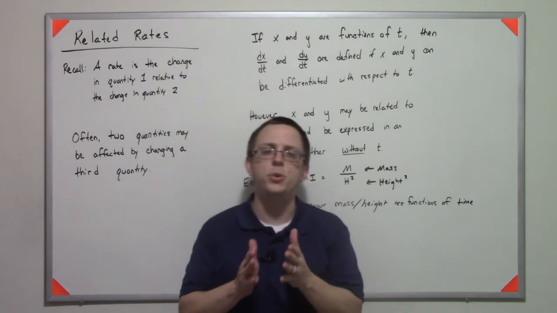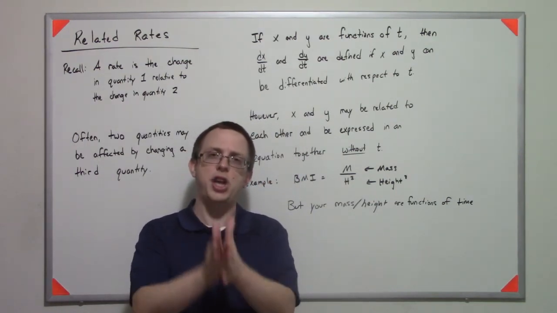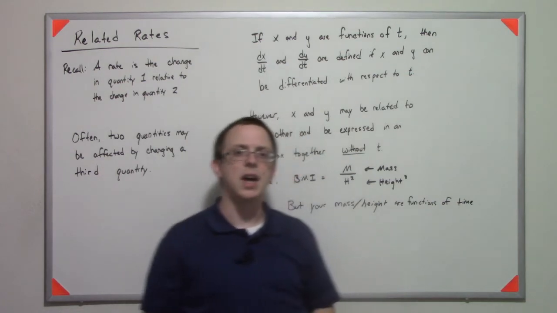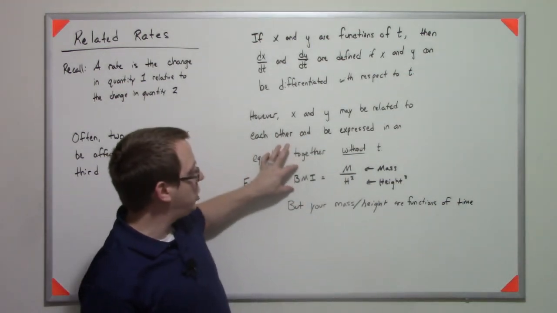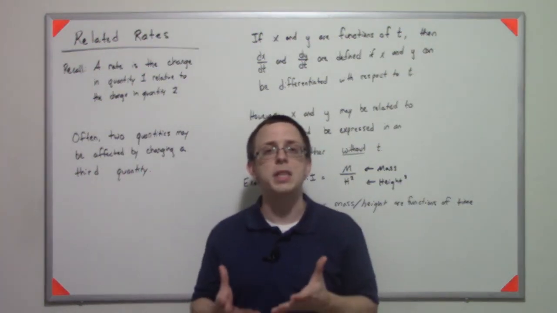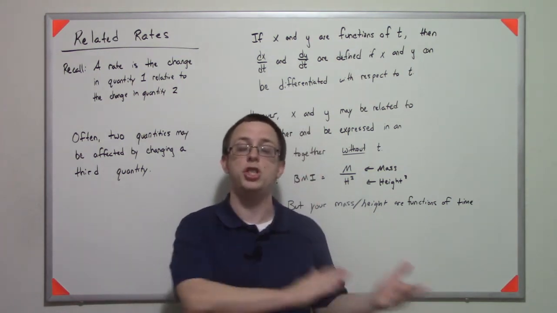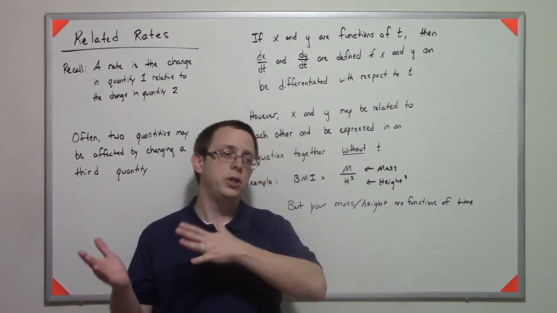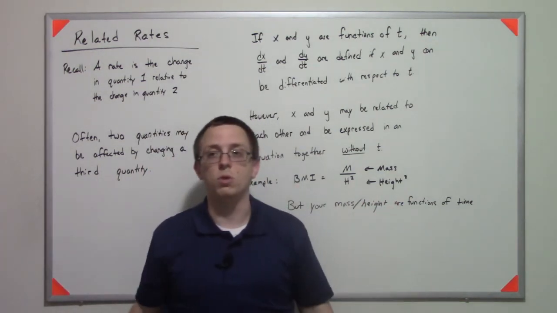So if I wanted to take a derivative, if I wanted to see how my BMI is changing with respect to time, I have to do something that relates this thing's change in time to the variables I do have. And that's where the idea of implicit differentiation comes in. Implicit differentiation uses the chain rule to generate a derivative with respect to an additional variable.